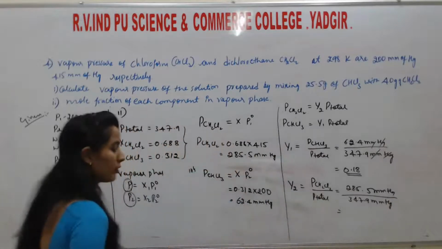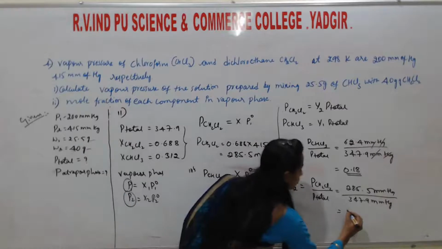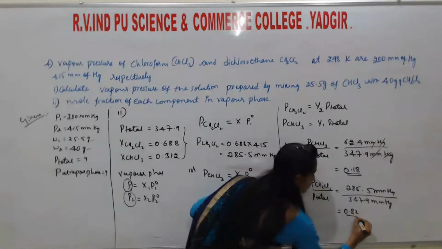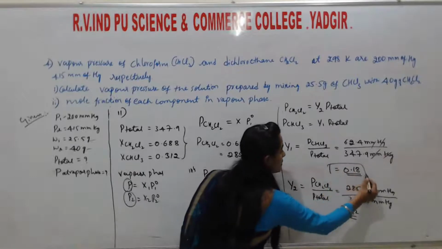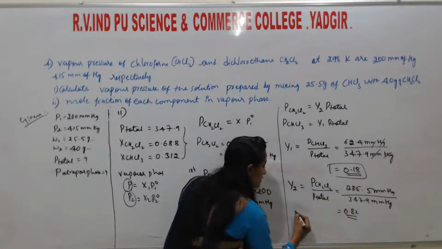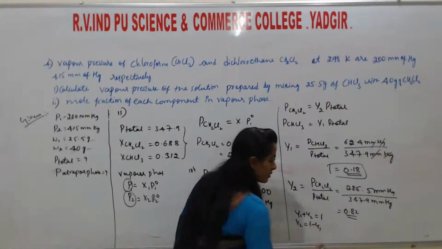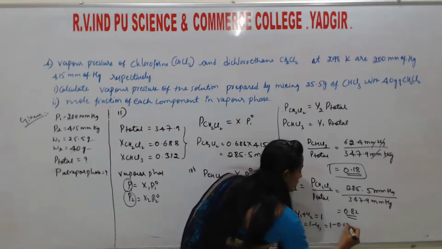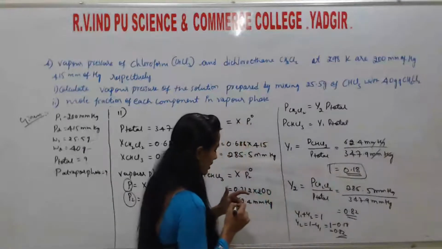If you divide, students, you will get the answer 0.82. Or if you got only this much, you just use Y1 plus Y2 is equal to 1. So Y2 means 1 minus Y1, that is 1 minus 0.18, you get 0.82. You may do this or you may do this, you get the same answer.